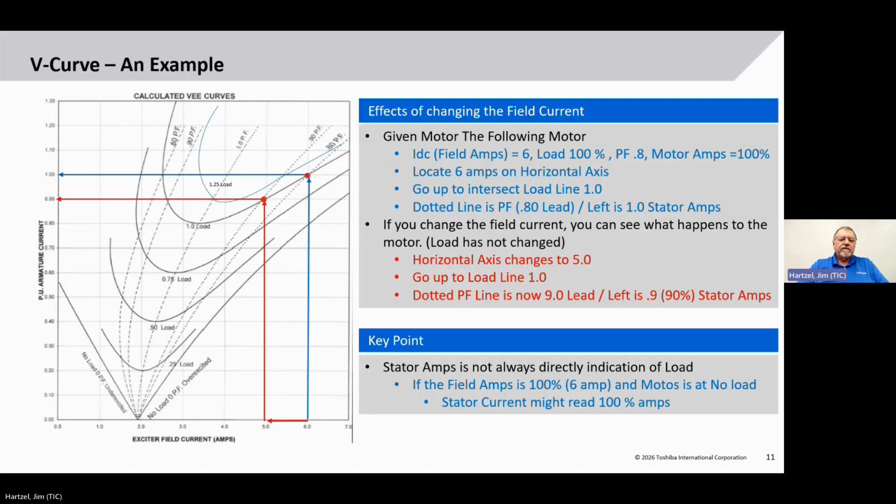If I reduce my field current from 6 to 5, where it intersects 100% load is at a power factor of 0.9 leading, and I'm only getting 0.9 or 90% current on the input. So even though it's 100% loaded, it's going to show that you're at 90% current on the input. You haven't changed the load from the previous example, but the power factor has changed. Therefore, the current has changed.